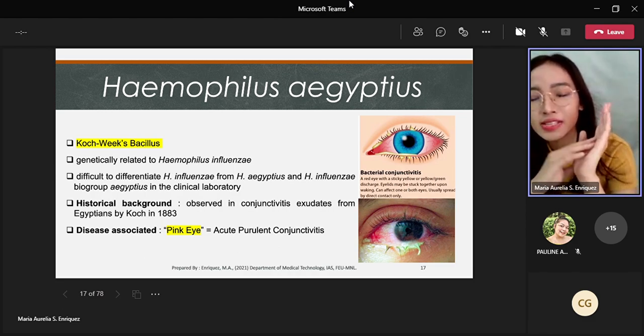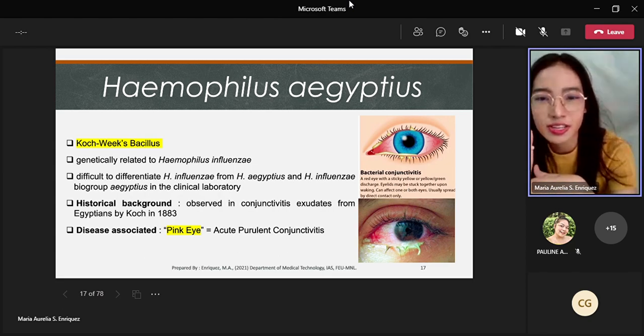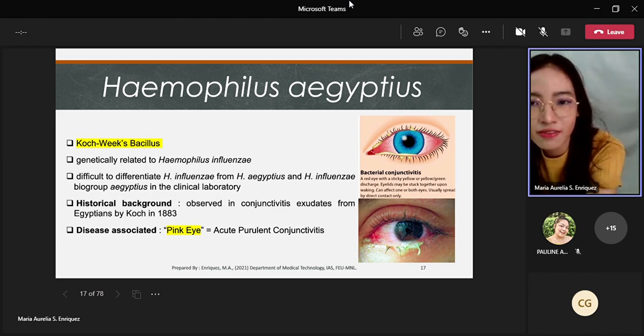Then there is discharge production consisting of pus and mucus, and crusting of the eyelids or eyelashes, especially in the morning. So parang nagmumuta ng sobra yung pasyente.